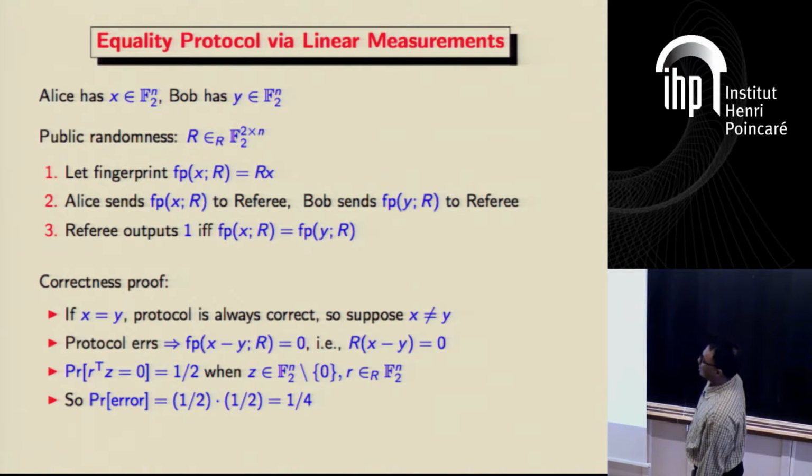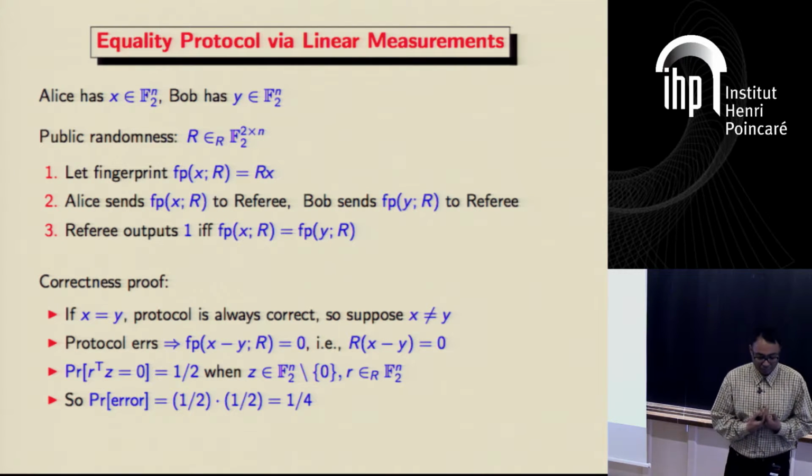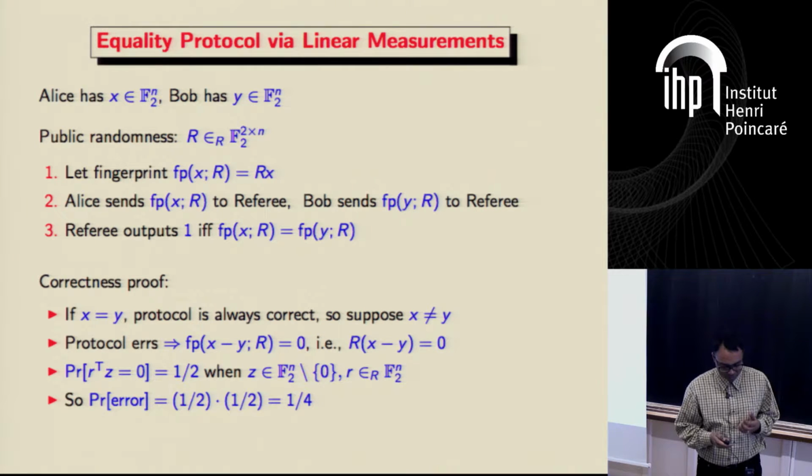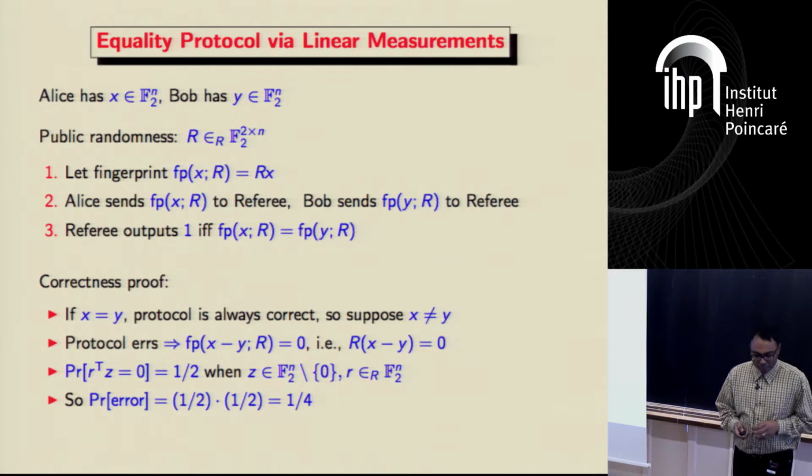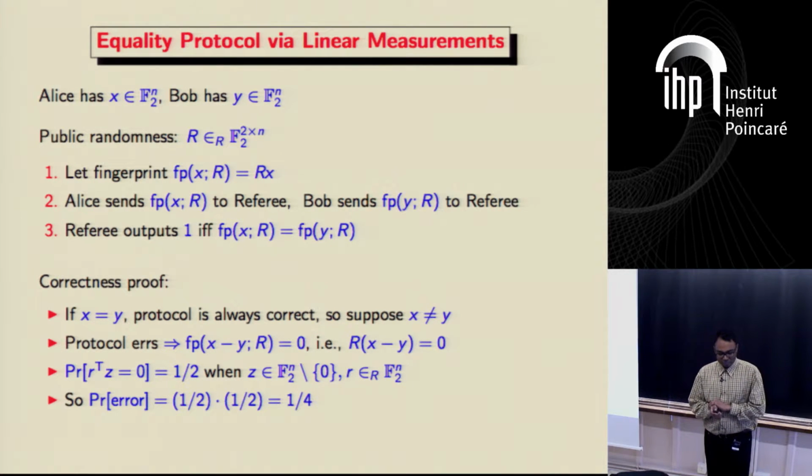That's good because this uses even less interaction than one-way communication. Now, what is being sent to the referee? It's just 2 bits. So rx is just 2 bits. Each party is sending only a constant number of bits to the referee. So this is a constant cost protocol. Now, the only thing possibly unsatisfying about this is this public randomness.